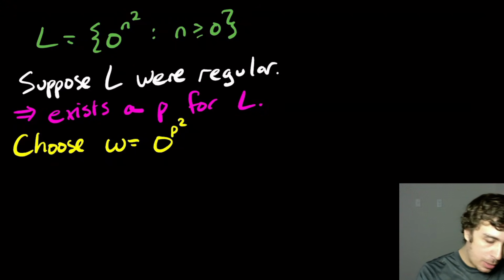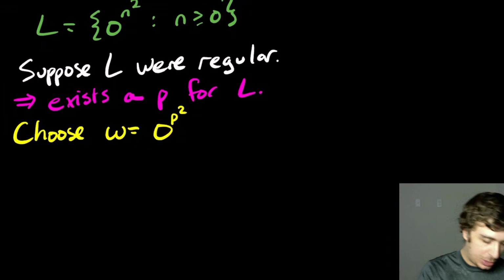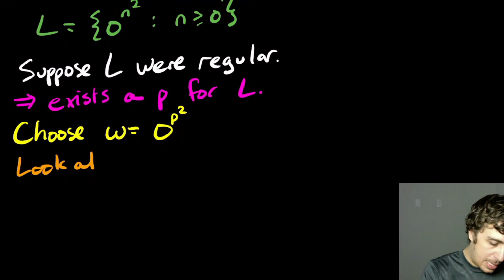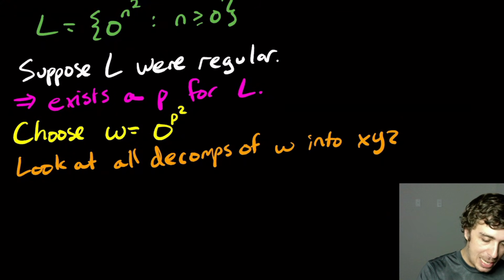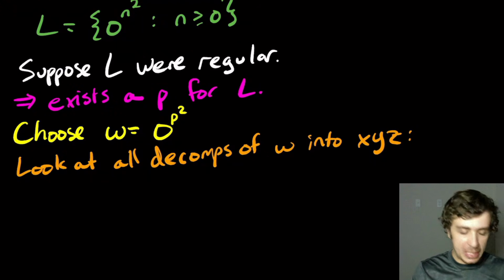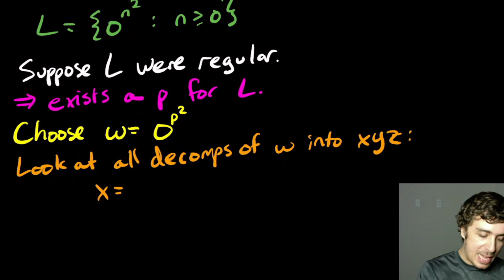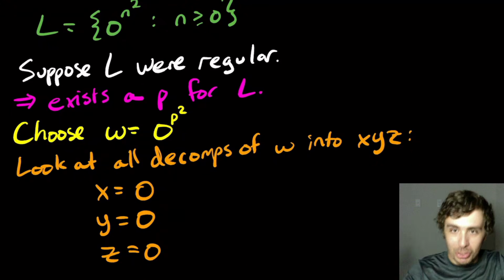So what are we going to do? Well, we got to look at all decompositions of w into x, y, and z according to the 3 parts. Well, since the whole string is zeros here, we know that the x part is going to be some number of zeros, y is some number of zeros, and z is some number of zeros.